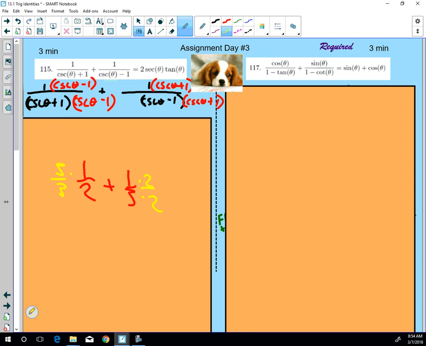Well, I did the same thing here. To get a common denominator of cosecant theta plus 1, cosecant theta minus 1, I multiplied top and bottom by the conjugate. Cosecant theta minus 1, cosecant theta plus 1.